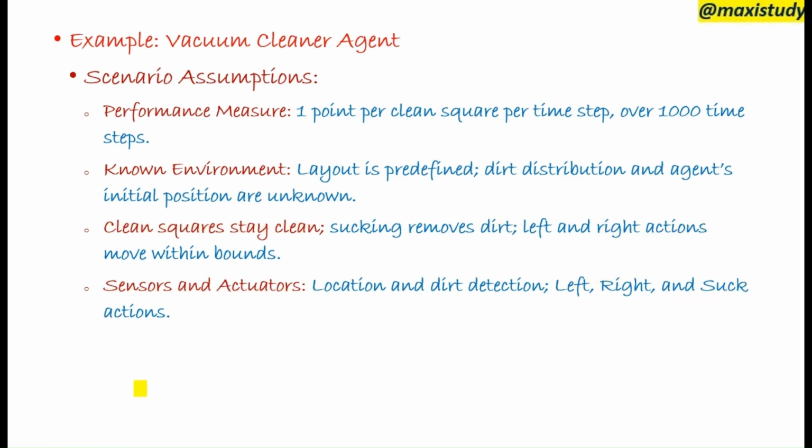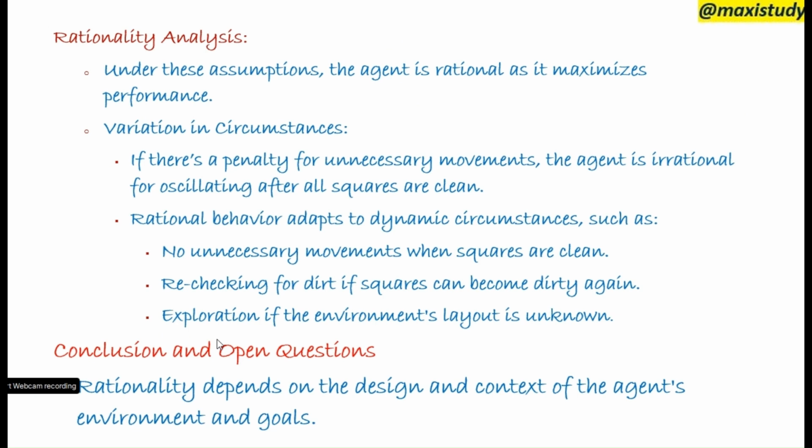And one more thing, rationality is not fixed. It adapts to new circumstances. If movement incurs penalties, the agent should avoid unnecessary actions, because moving around squares wastes electricity, so it consumes more electricity.